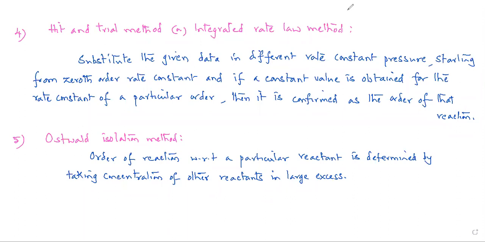Suppose you have A, B, and C. First, take B and C in large excess and determine the order with respect to A by changing the concentration of A and finding the effect of the change in the concentration of A on rate. Then go for B, then go for C, and finally the sum of the powers gives you the order of the overall reaction. So these are the different methods used for determining the order of the reaction.